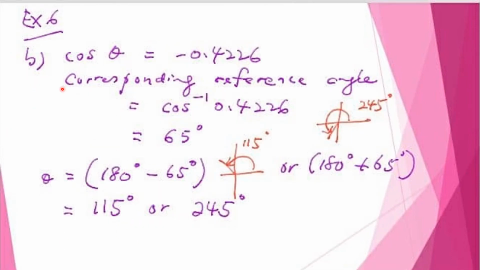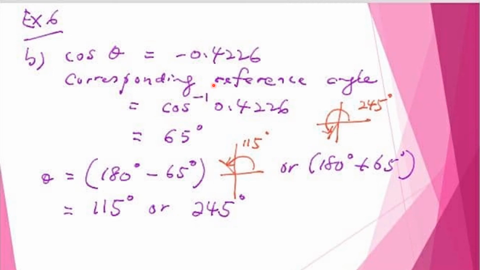B. Cos theta equal to negative 0.4226. Negative, okay. Negative, you know that theta is not in quadrant 1. It can be in quadrant 2 or in quadrant 3, because in these two quadrants cos theta is negative. Let's look at the corresponding reference angle first.